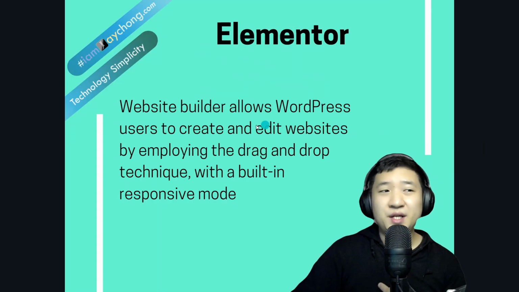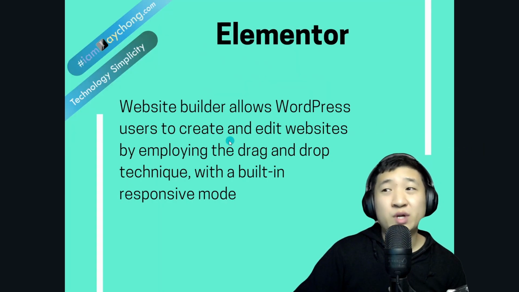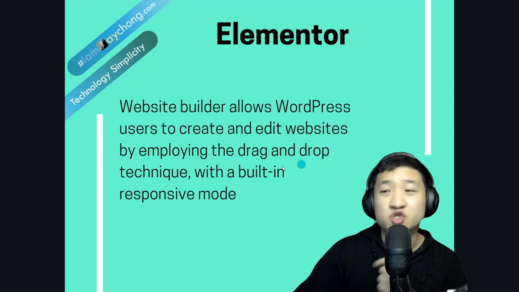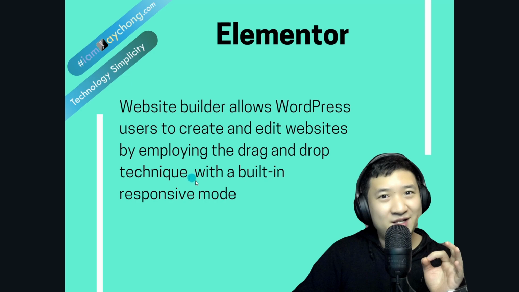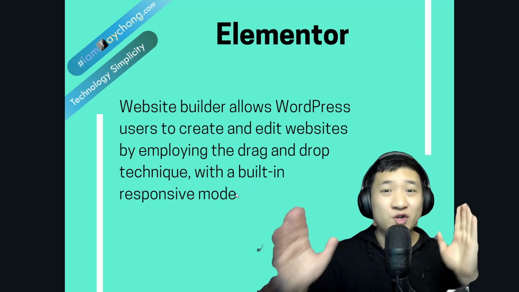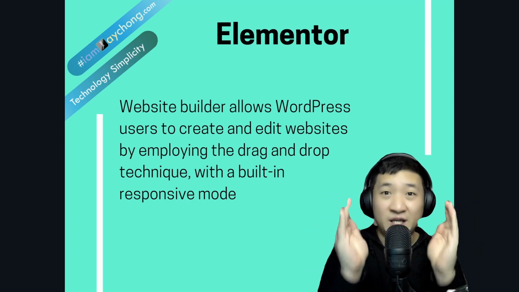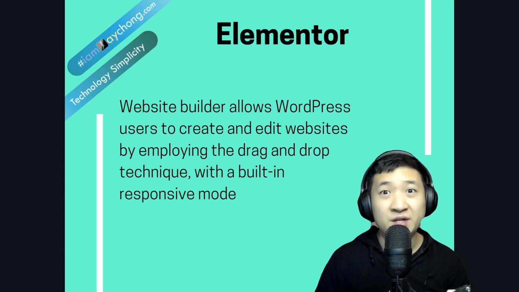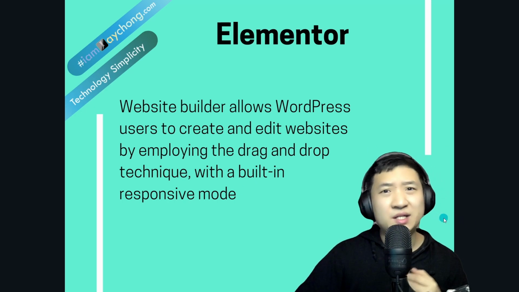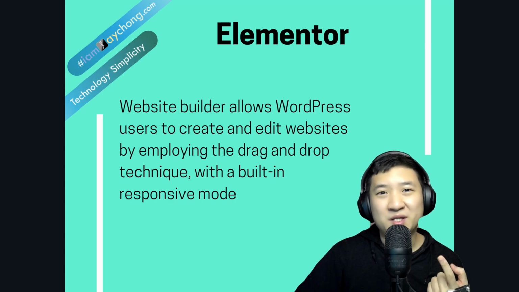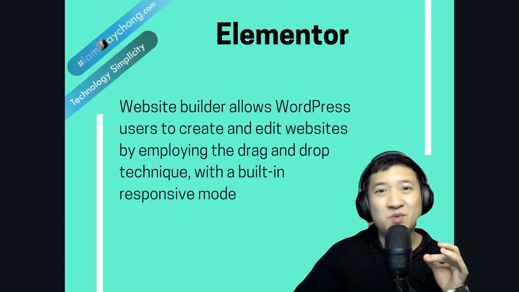The short answer is, a website builder allows WordPress users to create and edit websites by employing the drag and drop technique, with a built-in responsive mode whereby it will support not just a PC layout, but also tablet layout, as well as mobile layout. That is what we call responsive mode. So how does Elementor do this, and why do we choose Elementor? Not just because it's number one, but because it's the easiest to use.